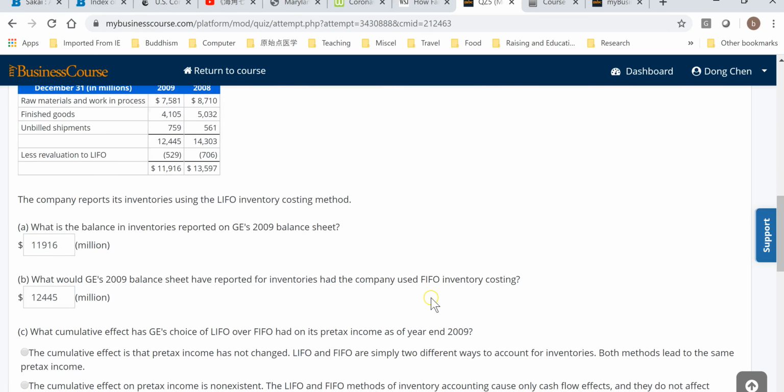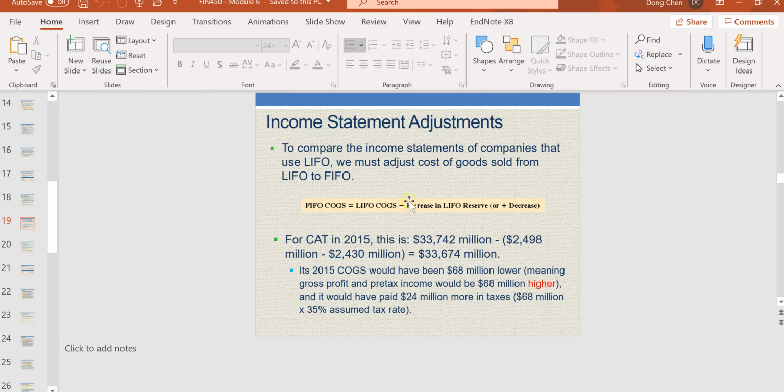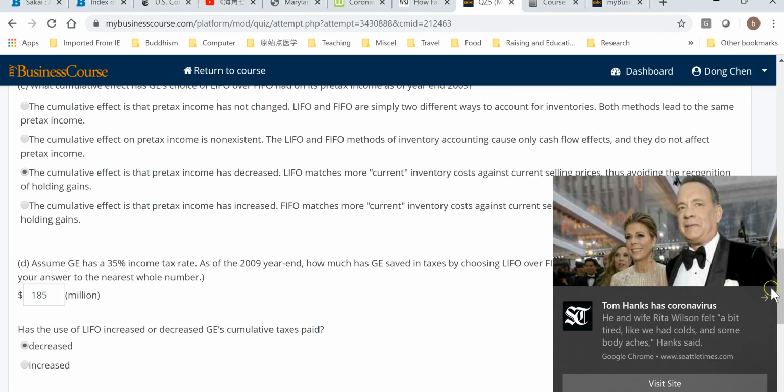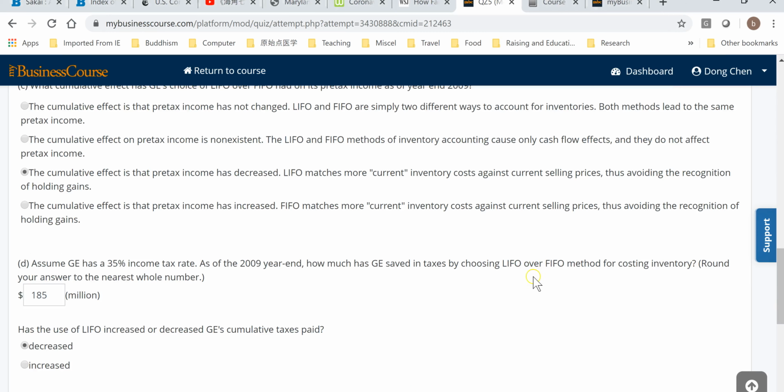and that's basically the difference between the cost of goods sold under FIFO and cost of goods sold under LIFO, and that's also the difference between the pre-tax income under LIFO versus pre-tax income under FIFO.